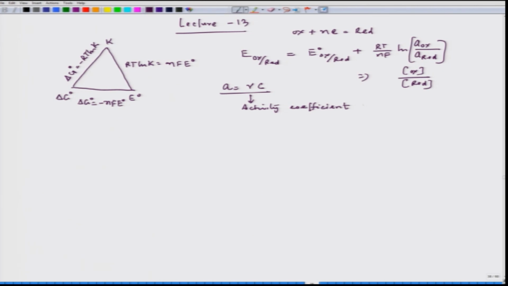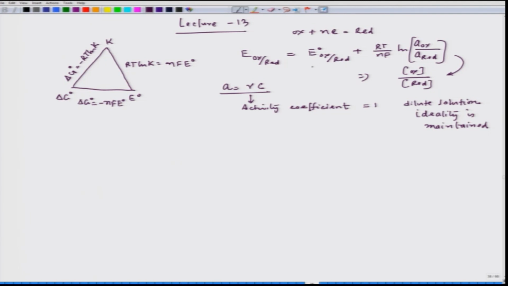Now, this activity coefficient will be 1 when we consider very dilute solution where ideality is maintained. That time I can write this.